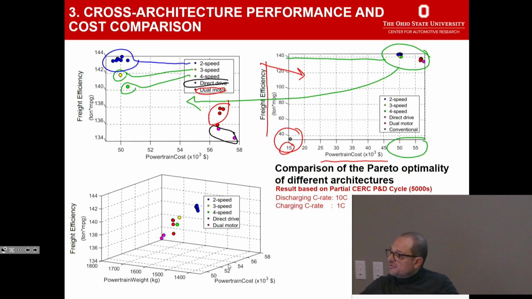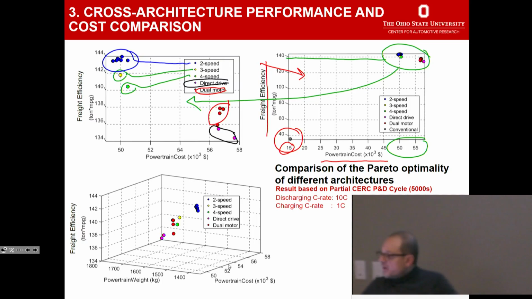The 2-speed transmission solutions are up here. So in this case, it's pretty clear that if what I'm looking at is freight efficiency and cost, and remember I have many of these couplings that I can look at, it looks like the 2-speed version with a single electric machine and a 2-speed transmission is the best.